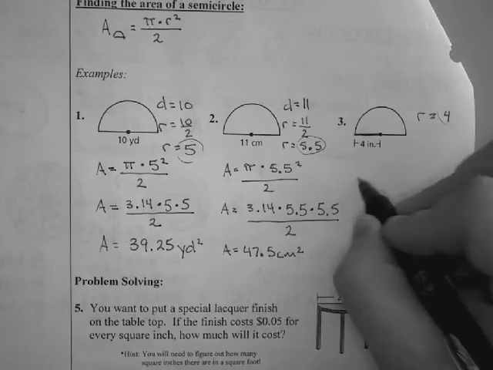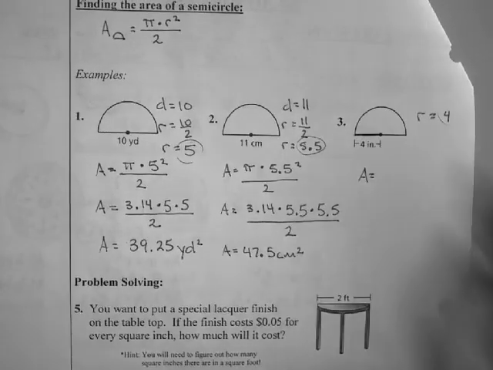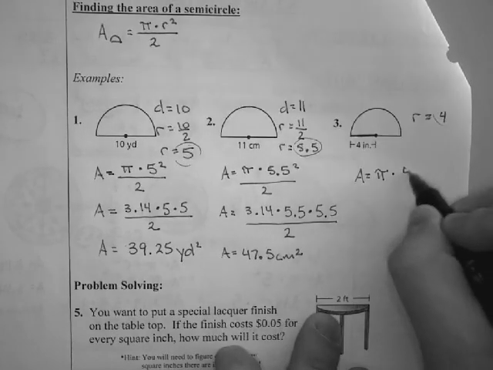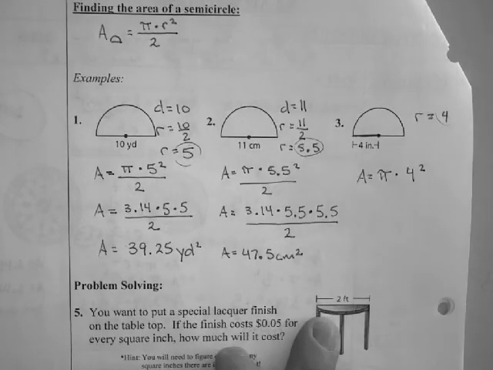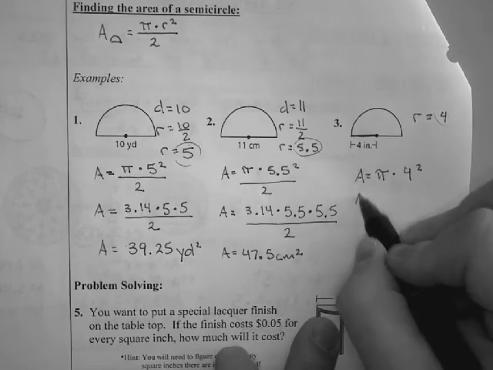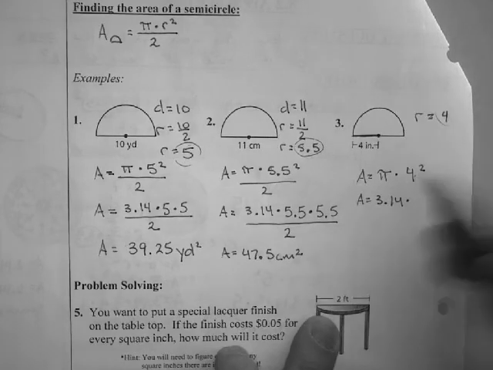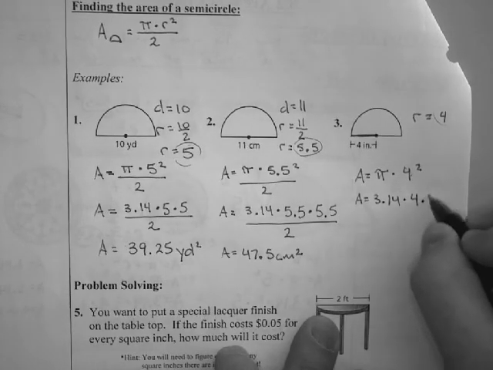So we can take the area, and we know that it's pi times 4 squared. Now I'll change my pi into 3.14, so I have 3.14 times, and 4 squared is 4 times 4.